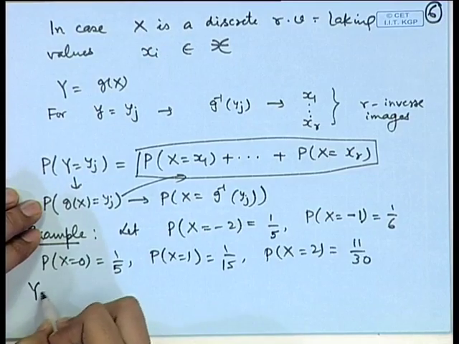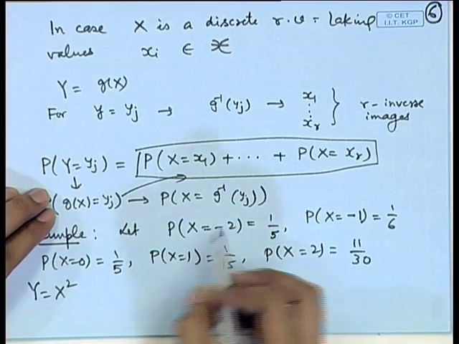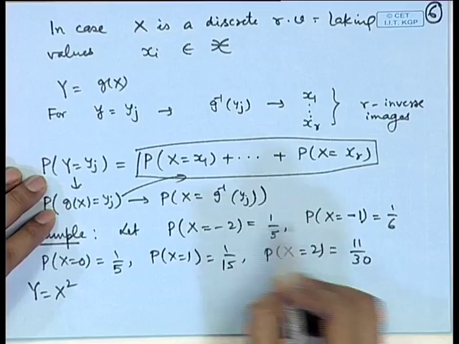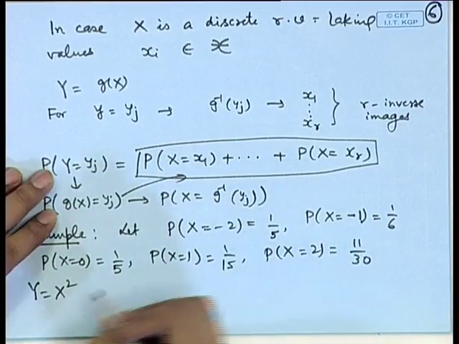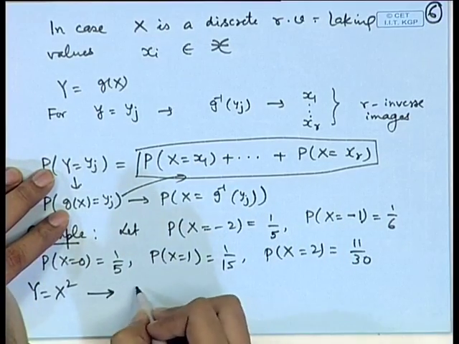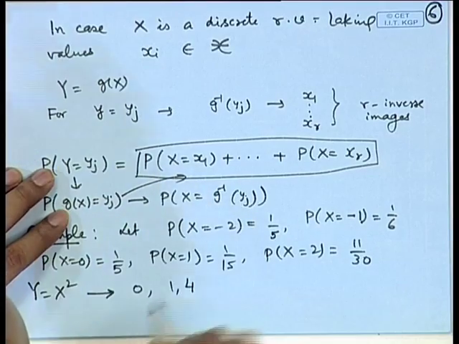Let us consider, say, y = x square. Now, here x takes values minus 2, minus 1, 0, 1 and 2. So, this y will take values 0, 1 and 4.